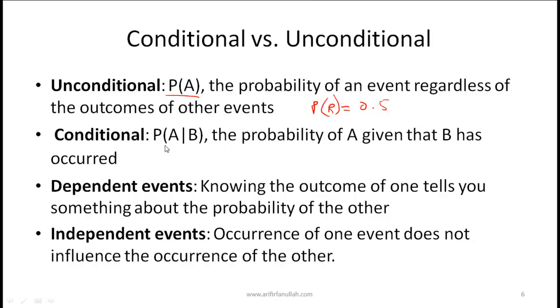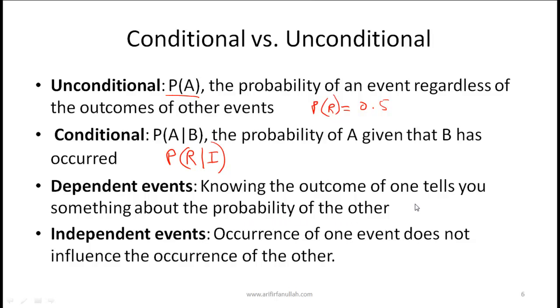A conditional probability, written as probability of A given B, is the probability of A given that B has occurred. So we might ask, what's the probability of a recession given that there is an interest rate increase? Dependent events are when knowing the outcome of one event tells you something about the probability of the other.